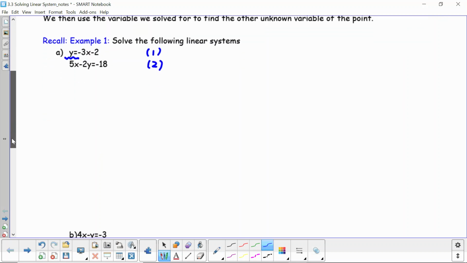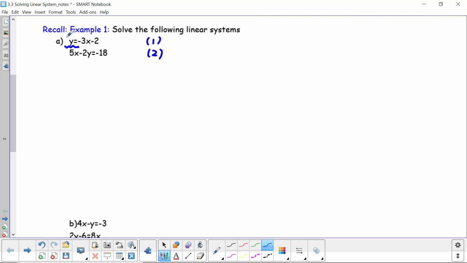Substitution means we replace the y in the second equation with its equivalent, negative 3x minus 2. So substitute equation 1 into equation 2.